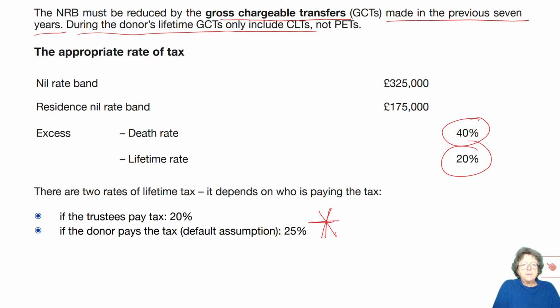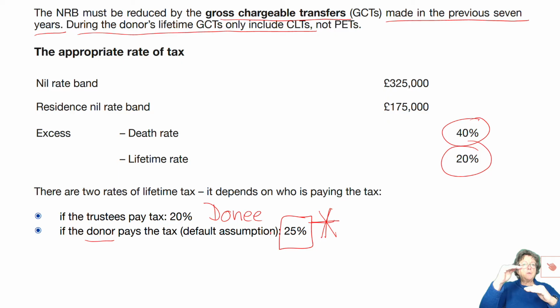If the trustees are paying it, the donee, the person receiving the gift, then they pay tax at 20%. If the donor pays the tax, then that's 25%, because their estate has gone down by the gift.